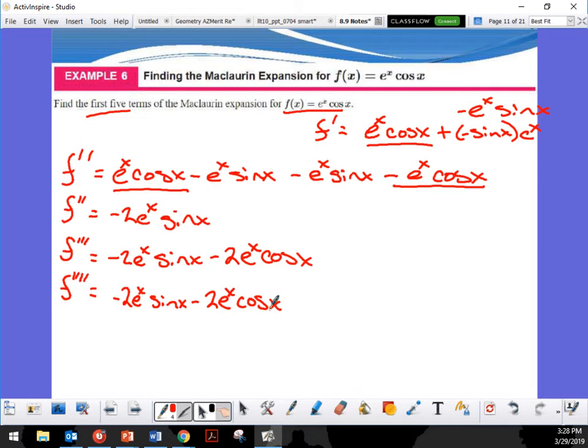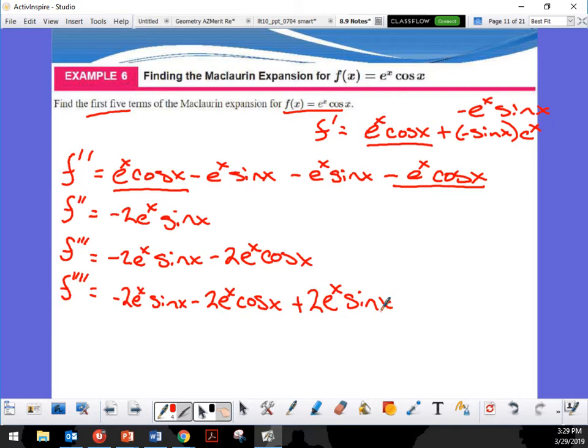And then now it's going to be this minus, right? The derivative of cosine is negative sine, right? Yeah. So that makes this a plus 2e^x sin x. Right? Yep.